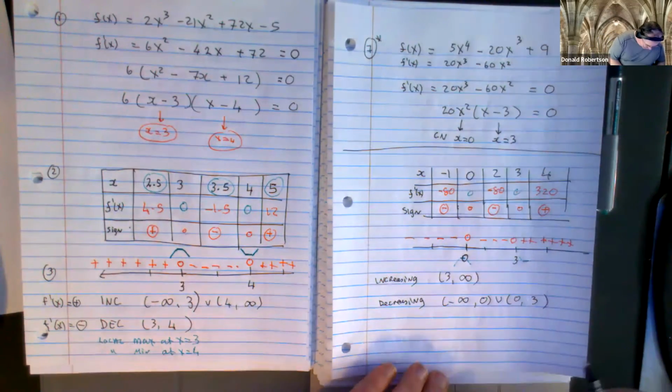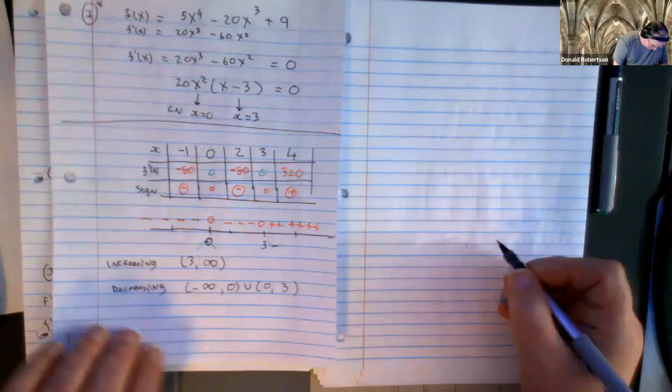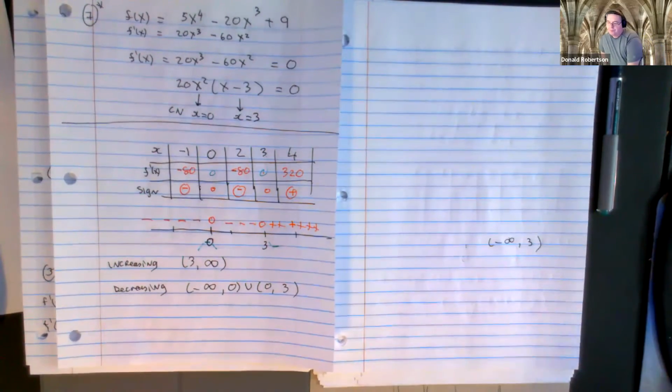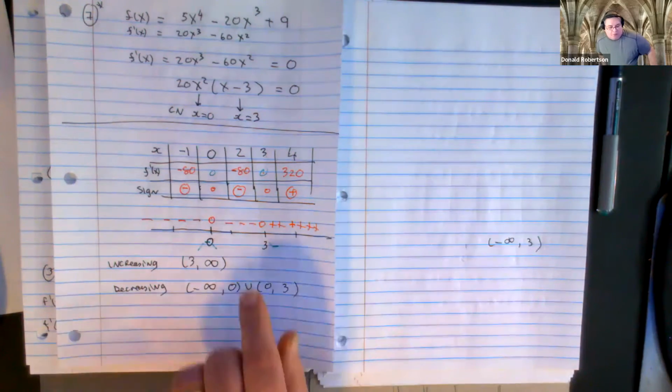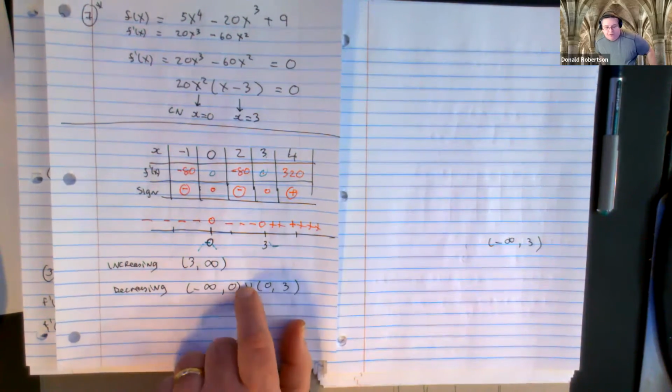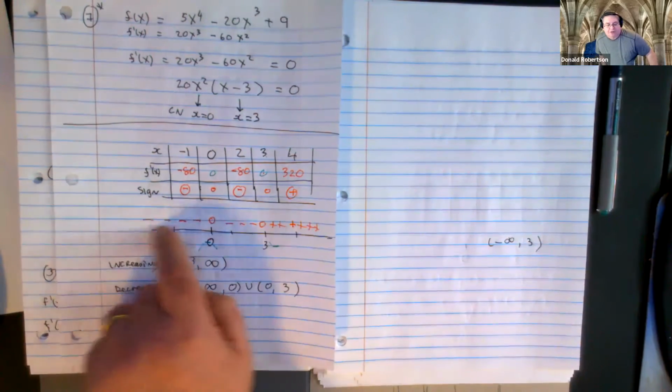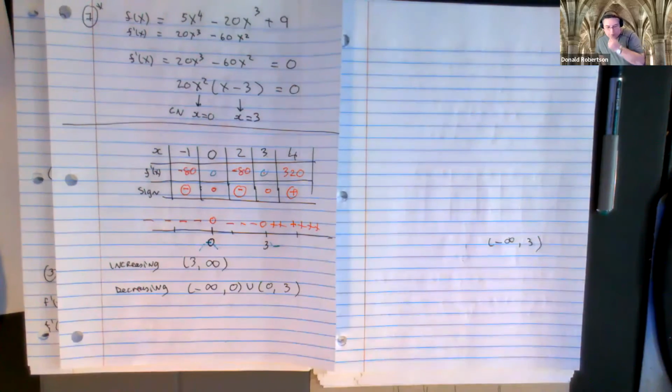Why didn't I write just the whole thing in one go? Why did I write this instead of just saying the whole thing's negative, so negative means decreasing? Can you see why I had to split it into two pieces like that?